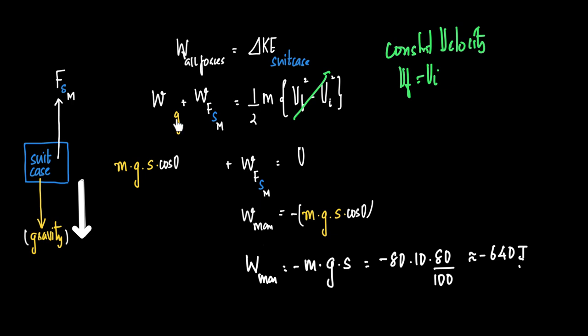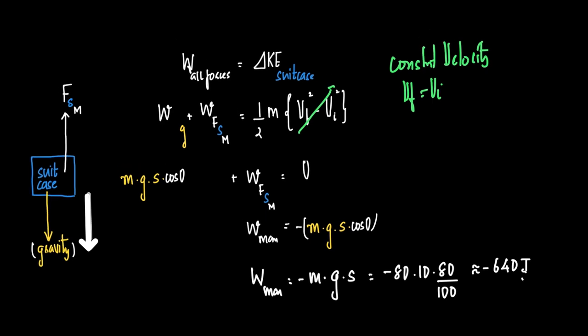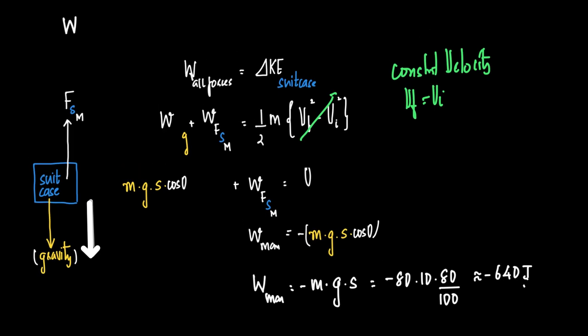So what is work done by gravity? If I have to write it in a more explained way, work done by gravity will be equal to the vector gravity dot displacement vector, which is F dot S. Magnitude of F, which is mg, times magnitude of vector S, which is S, times cos theta, right?